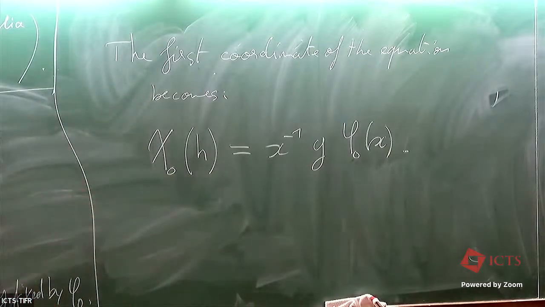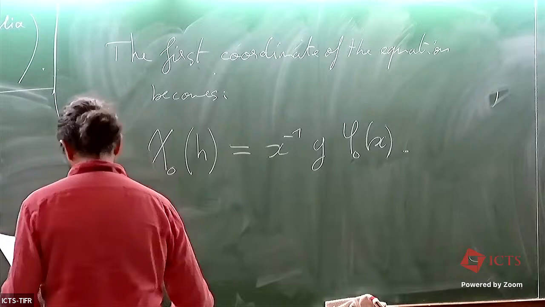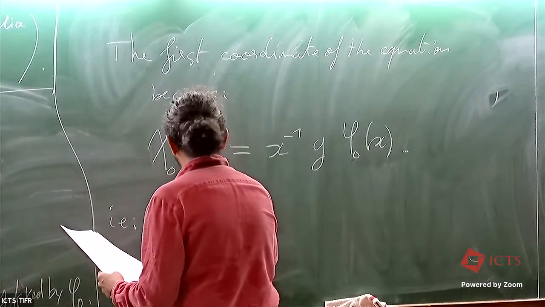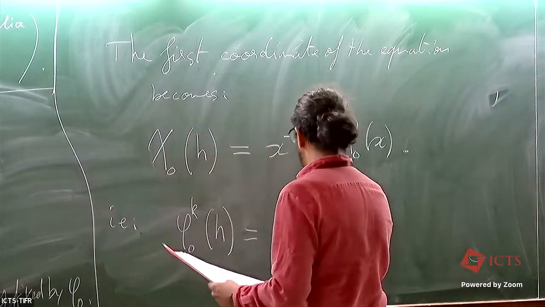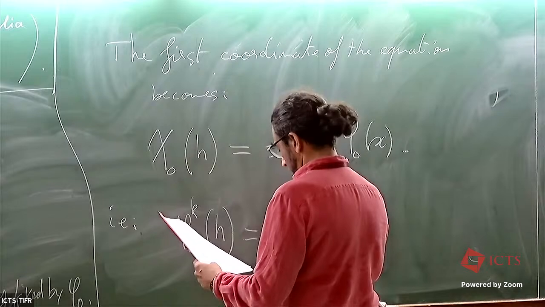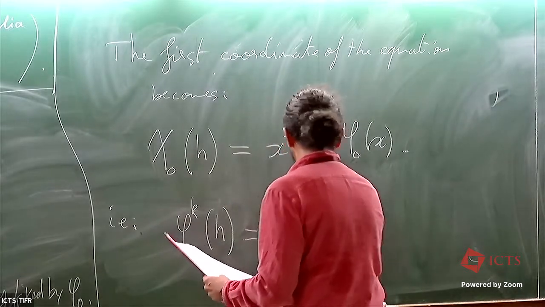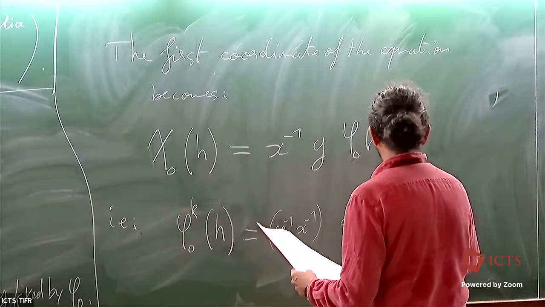And I replace the K0 by its value here. phi 0 to the k of h is equal to y inverse x inverse g phi 0 of x.